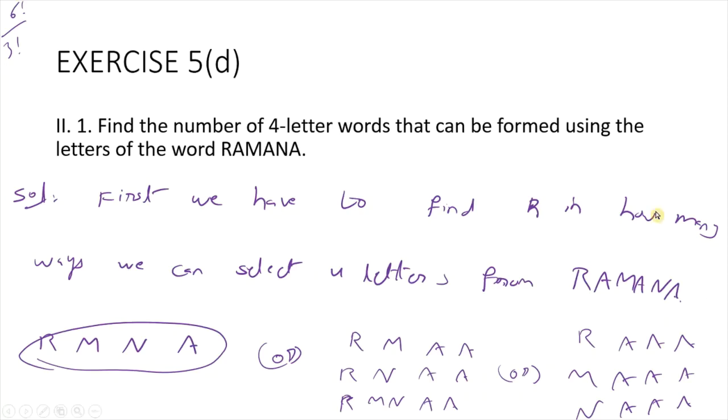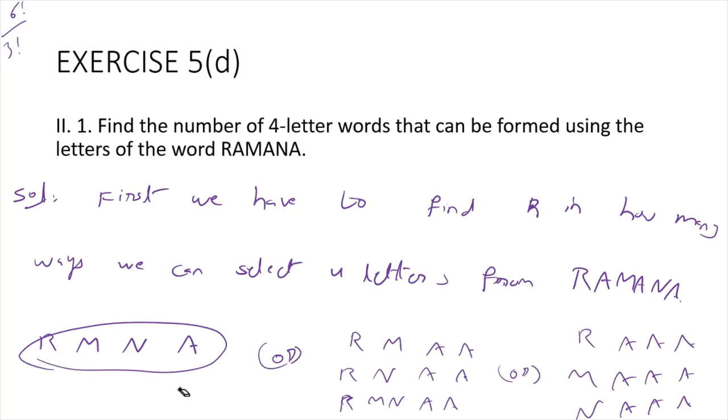So first we have to select 4 letters. These 4 letters can be selected in any of these 7 ways, from R, M, N, A, R, A, M, A, N, A. First I have to select 4 letters in these 7 ways.